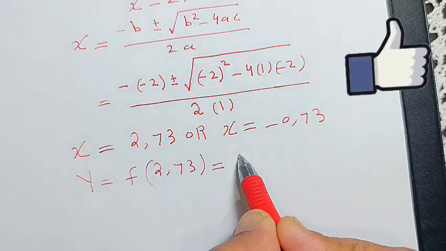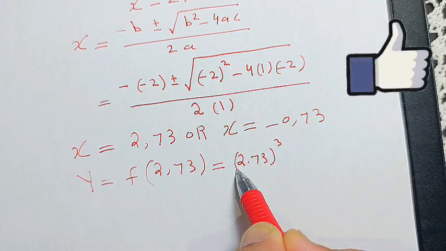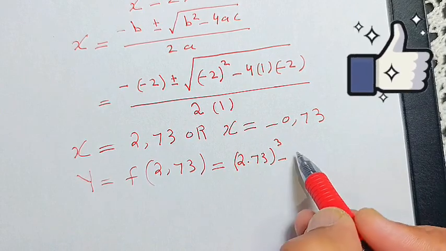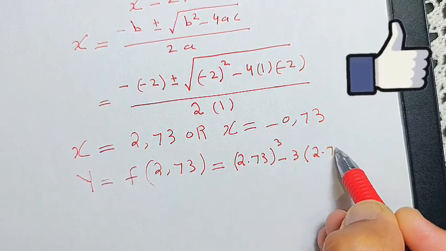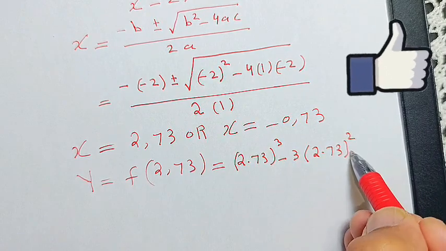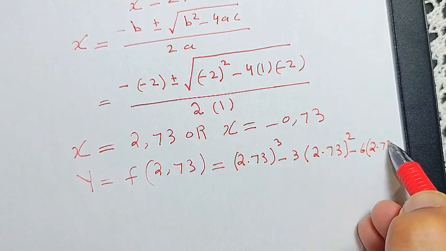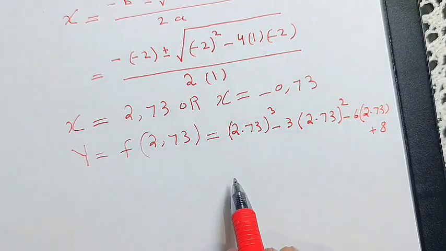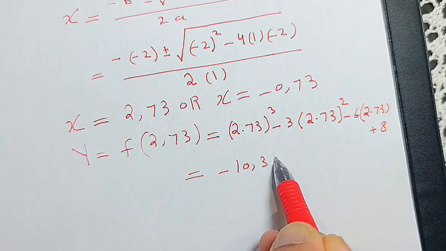So it's going to be 2,73 cubed minus 3 times 2,73 squared minus 6 times 2,73 plus 8. So the answer is negative 10,39.